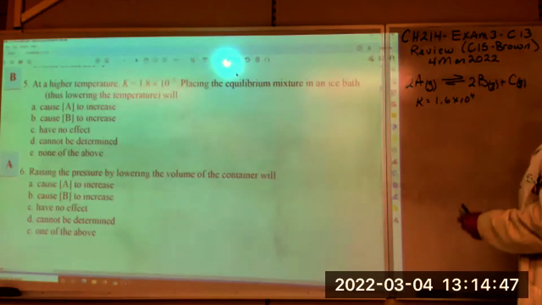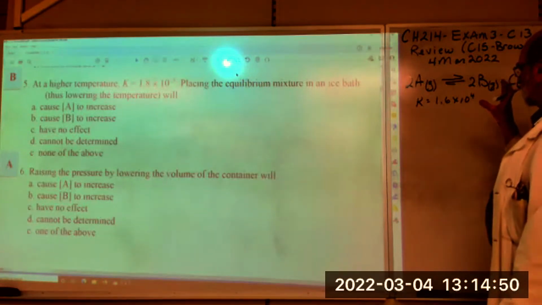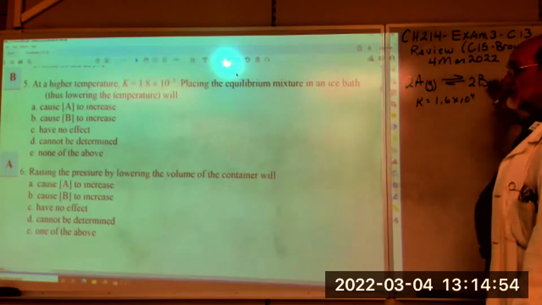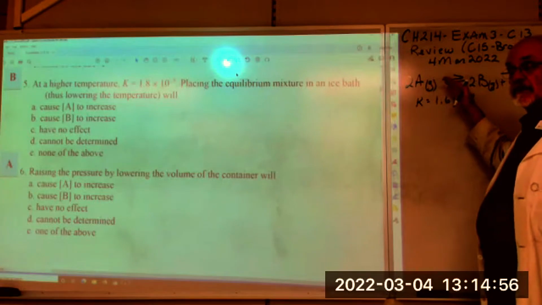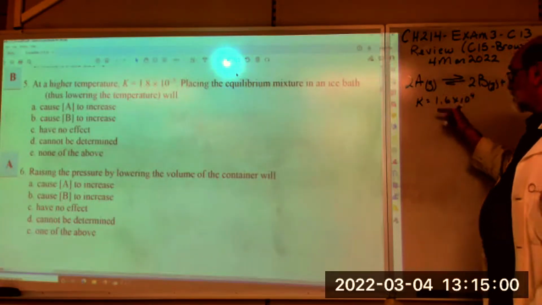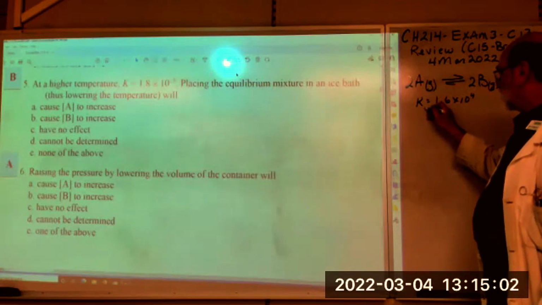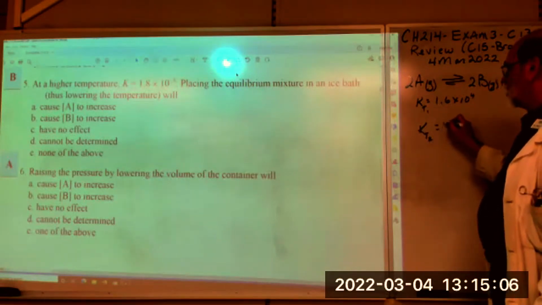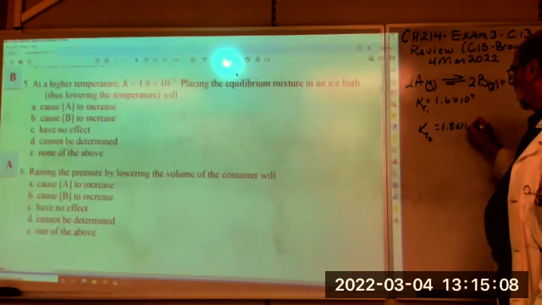So what does that say? If we increase the temperature, we're starting to shift the equilibrium to the left. No. Yes, to the left, because it gets smaller. So this is at T1, and this is at T2, is 1.8 times 10 to the minus 5.